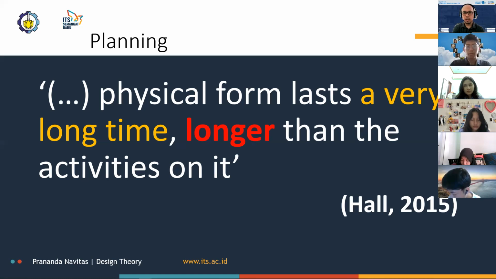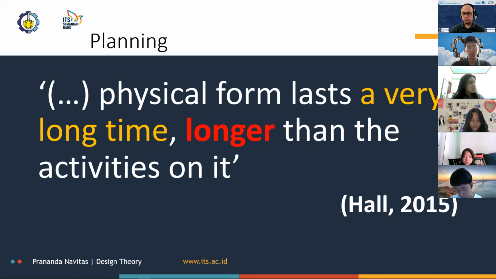We plan land use based on activities: residential, commercial, industrial, mixed use. Certainly not mixed use buildings, but mixed use activities. But human activities change a lot. Unfortunately, physical form lasts a very long time, oftentimes much longer than the activities that take place on it.